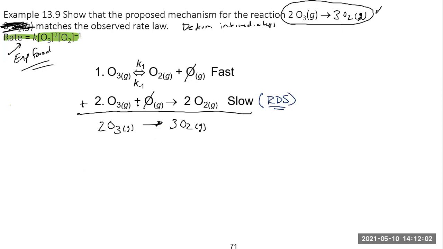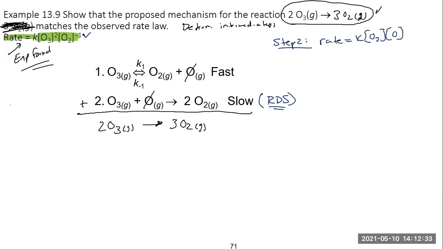It also should tell us that the rate law that we determine for our second step, which is our slow step, should match this rate law, if it is a good mechanism. So because this is an elementary step, for step number 2 there, we can write our rate law, and that would be the rate is equal to k times O3 and O.